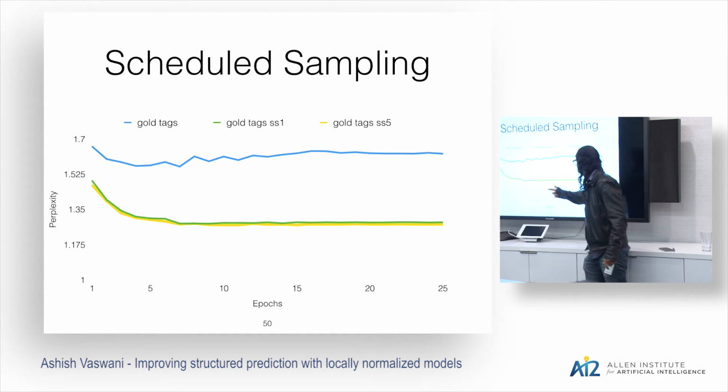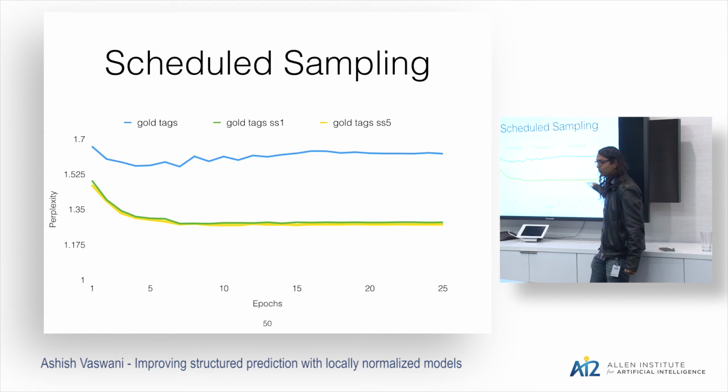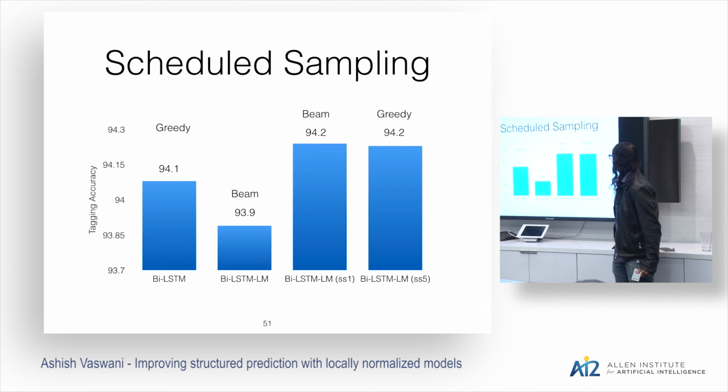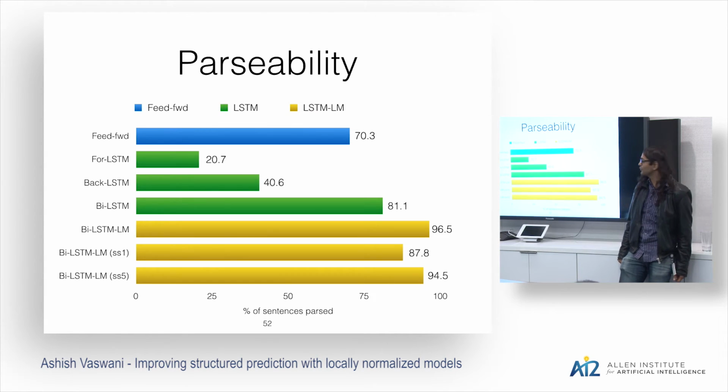What I'll tell you is that you still get this behavior, but the gold sequence has become more likely under these models when you train with scheduled sampling. So we do get gains in accuracy. The gains in accuracy are not very large, but one advantage is that you still get consistency as well. So in addition to small gains in accuracy, we improve consistency.